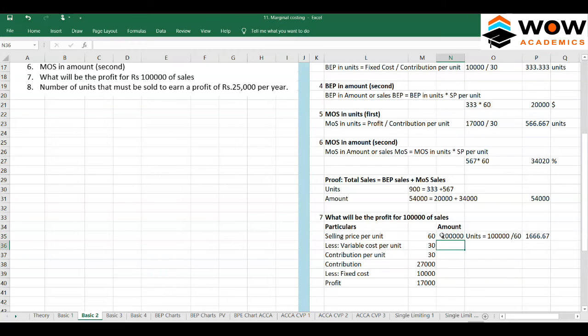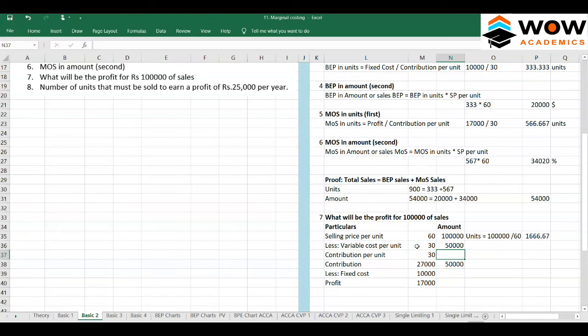Multiply that number of units with the variable cost, that's 50. And the difference between this is going to be 50,000, right? That's going to be contribution here.